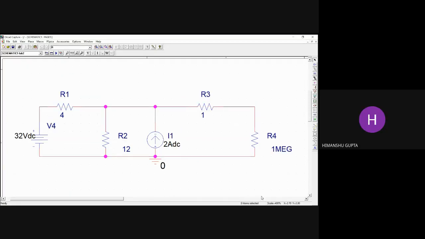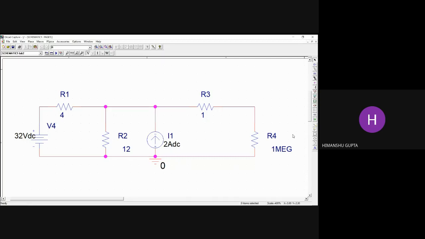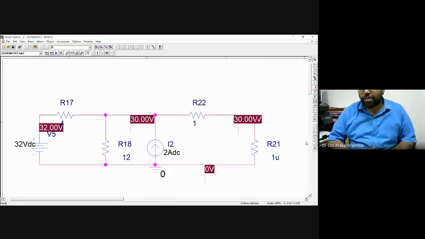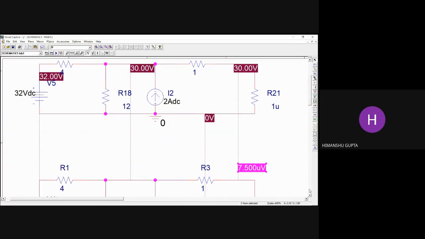Then while calculating VTH, I replace this load resistance with a very high value resistance, let it be 1 mega ohm. It will give me a voltage of 30 volts. It's correct. But how do you calculate RTH? I'm telling, just a minute.